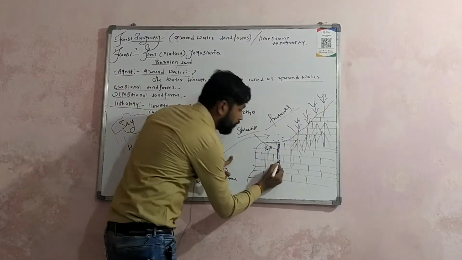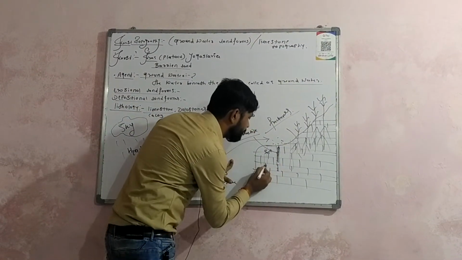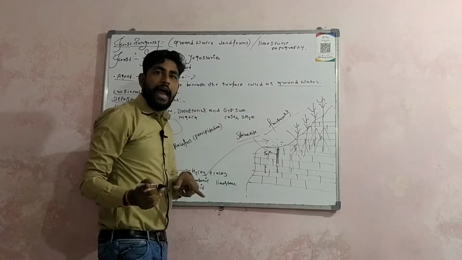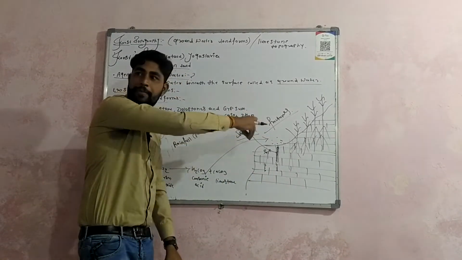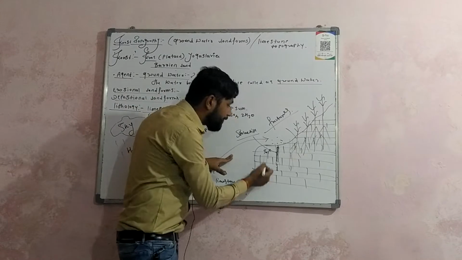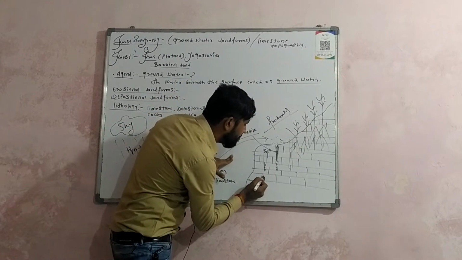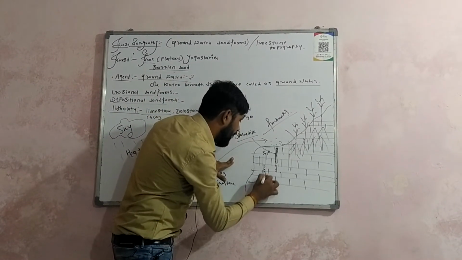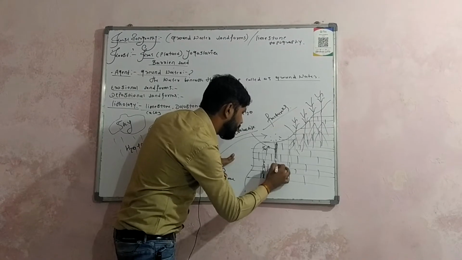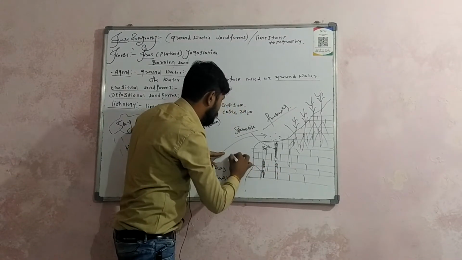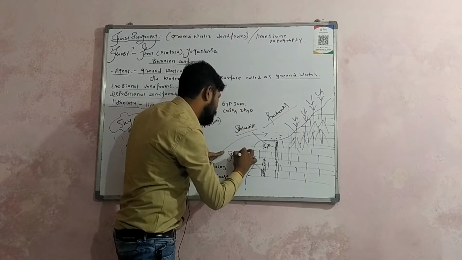After that, there is a continuous dropping of solution, and those drops create a depositional structure that we call a stalagmite.